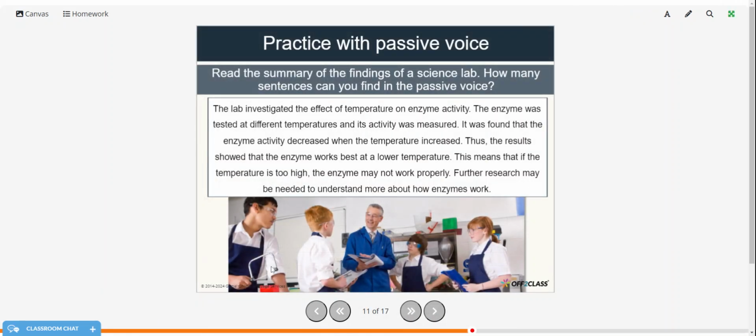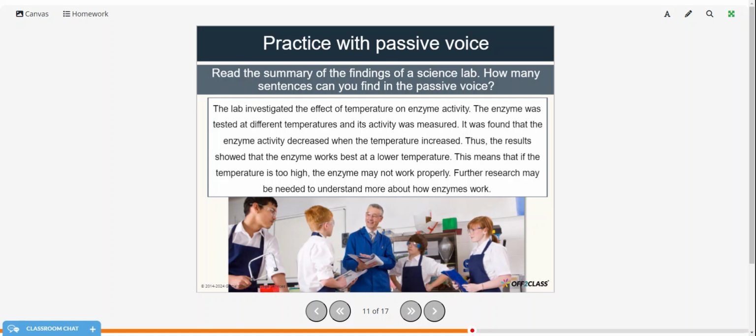All right, so now I'm going to read the summary of the findings in the science lab, and how many sentences can you find in the passive voice? You can pause the video and read on your own, or you can follow along as I read. The science lab investigated the effect of temperature on enzyme activity. The enzyme was tested at different temperatures and its activity was measured.